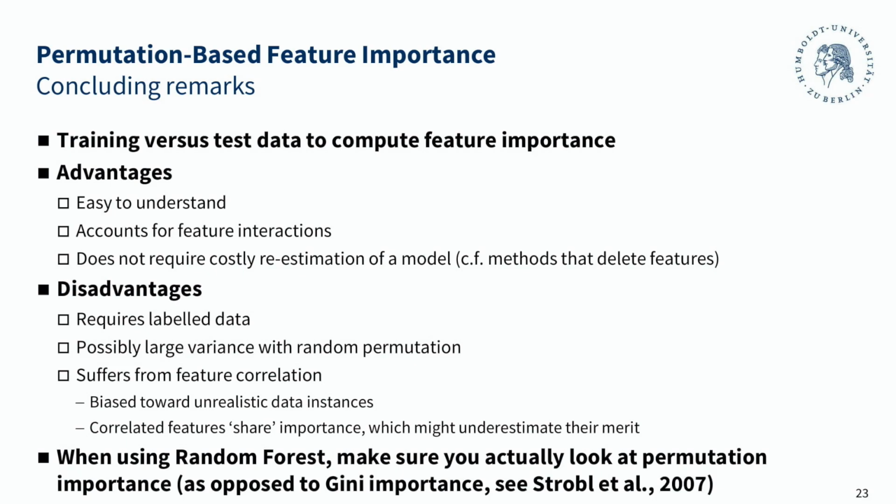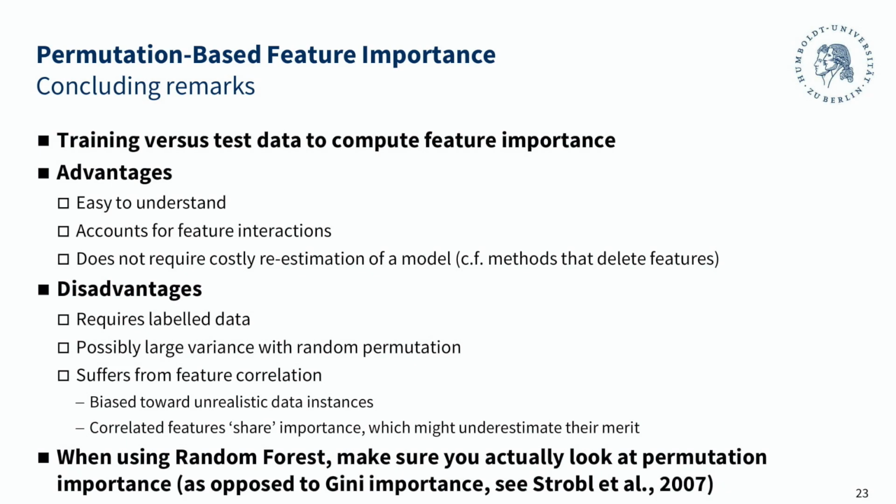That is a pro. You could also say that's a con, a disadvantage, because the net importance that you observe for a feature is the combined effect of its main effect, how well it works individually, plus all possible interactions with other features. So whether you see it as a pro or a con is maybe a bit debatable.